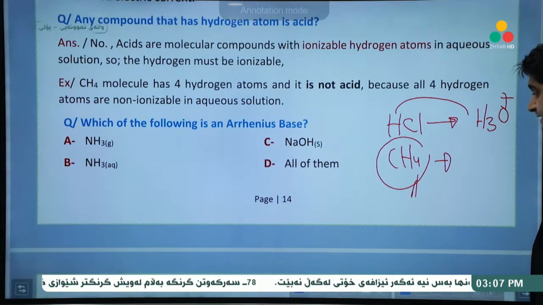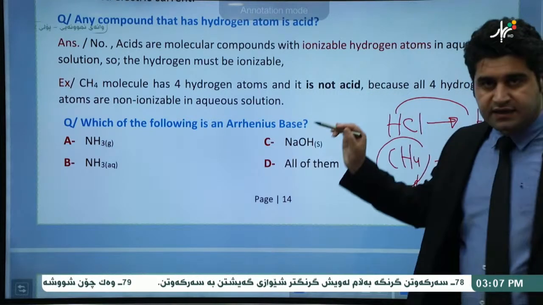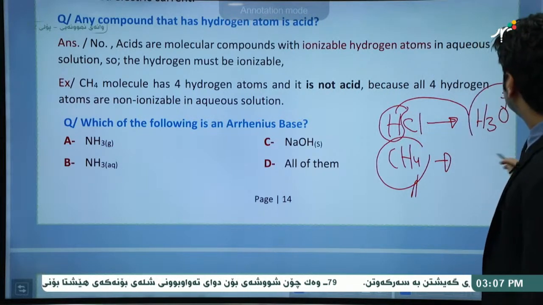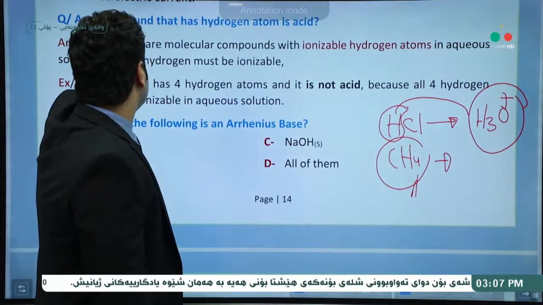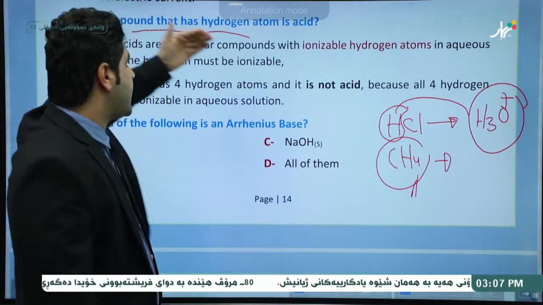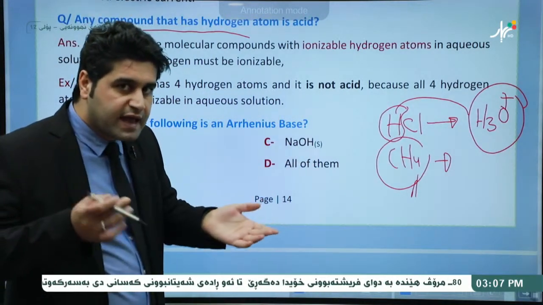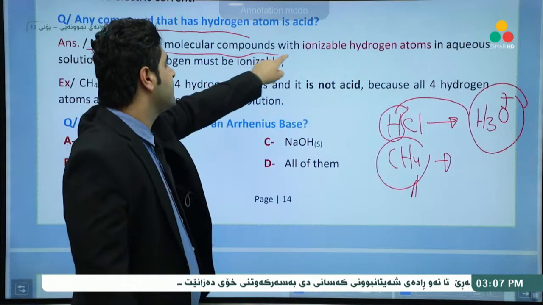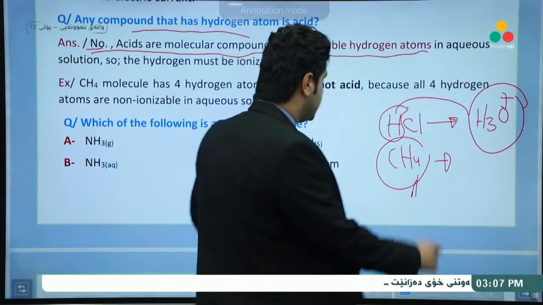No. So what's the condition for a compound with a hydrogen atom in its formula to be an acid? The hydrogen atom should be ionized to form H3O+. No, any compound that has a hydrogen atom is not an acid. The compound should have H, and that H should be ionizable, then we can say it's an acid. Acids are molecular compounds with ionizable hydrogen atoms. Okay? Even look, NaOH.